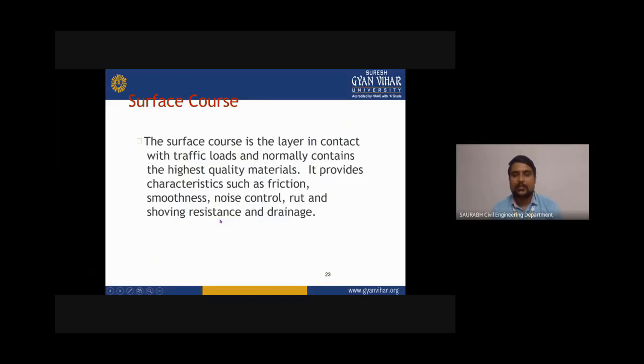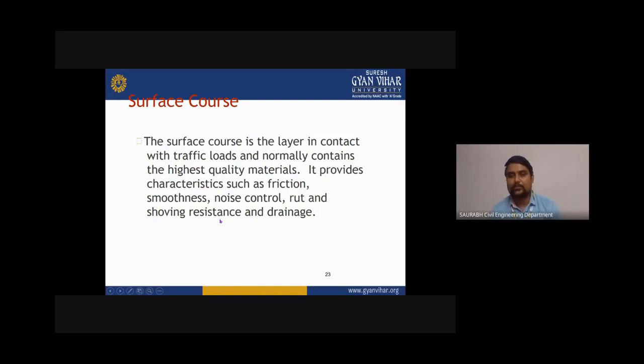And now we will see the surface course. The surface course is the layer in contact with the traffic load and normally contains the highest quality material. It provides characteristics such as friction, smoothness, noise control, rut and shoving resistance, and drainage. So you can understand there is too much work for a surface course.